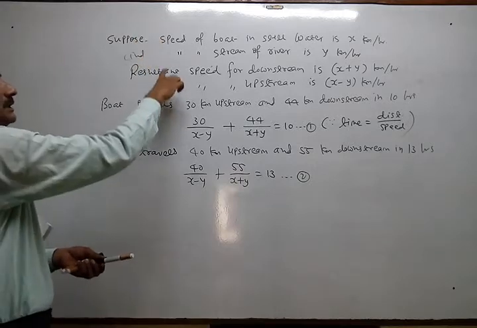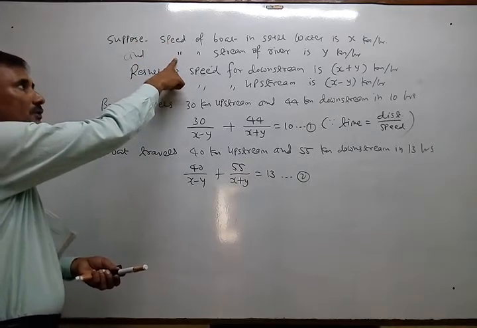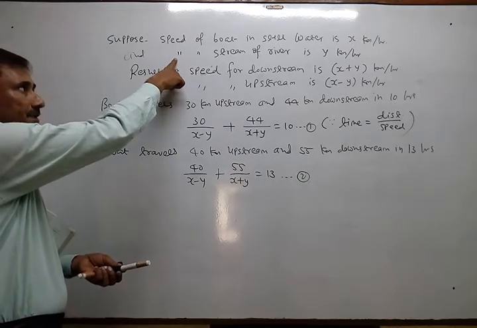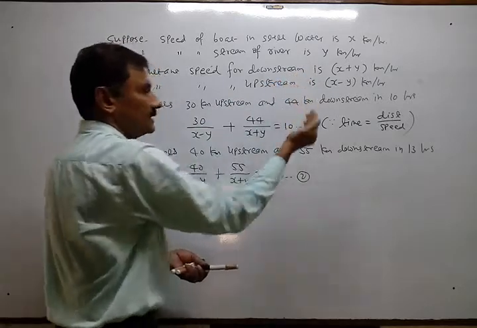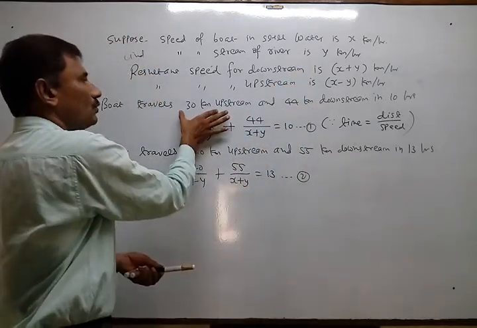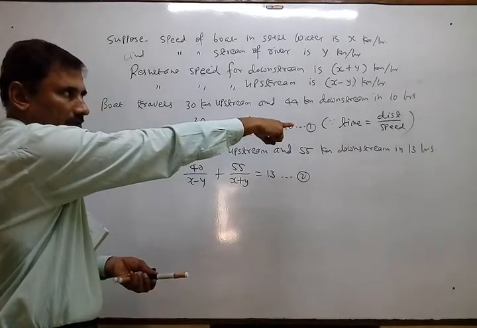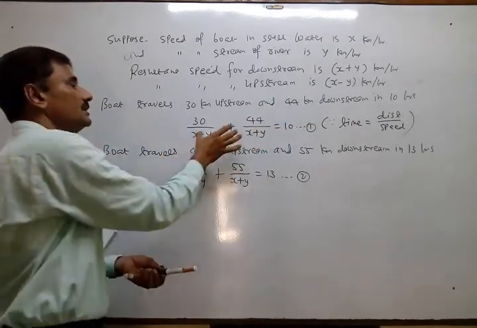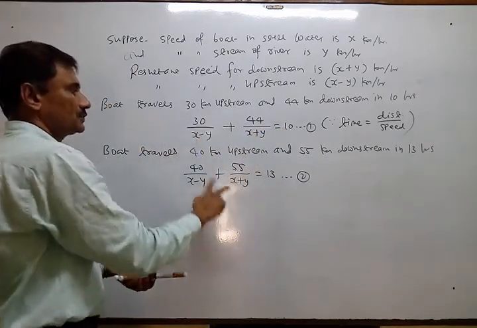These are common. In these types of sums, always suppose the speed of the boat in still water and of the water in stream. Then the resultant in downstream plus in upstream is the difference. Now according to their statement, using the formula time equals distance upon speed, write down the equation. So we got two equations.